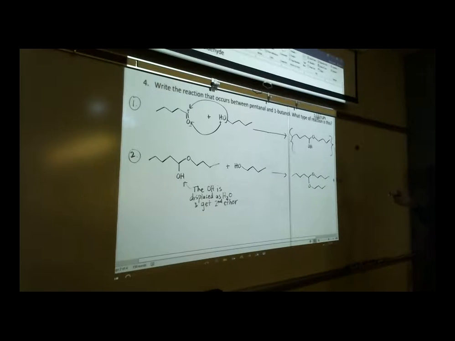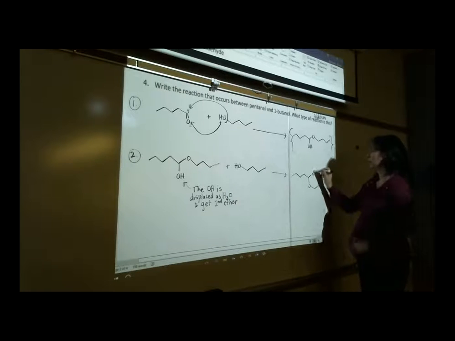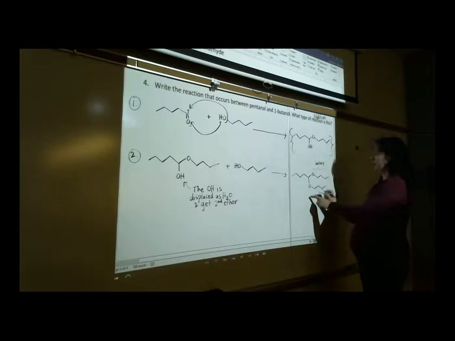I wouldn't ask you to name it, but do you think you could figure it out? What kind of group is this? 1, 2, 3, 4. It's a butoxy, right? And then this is also a butoxy. And then this is a 1, 2, 3, 4, 5. Right?